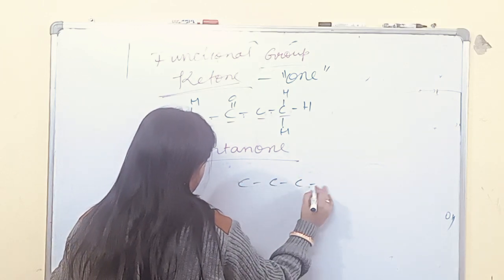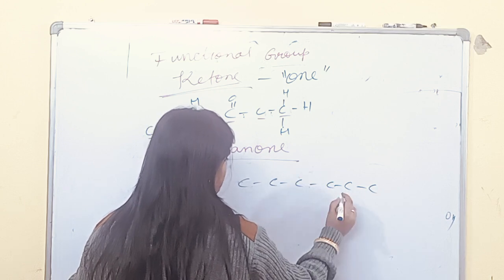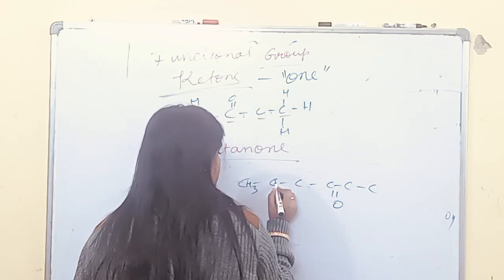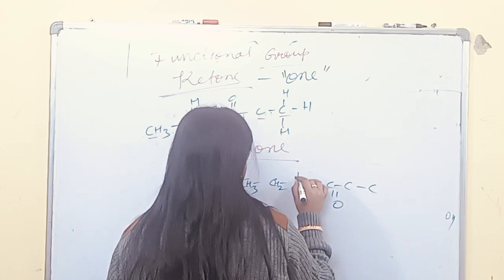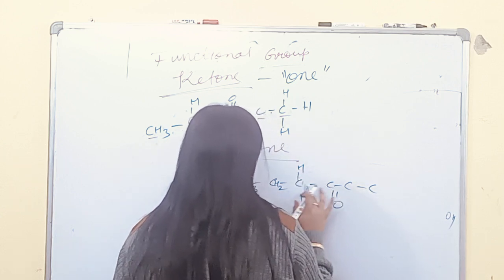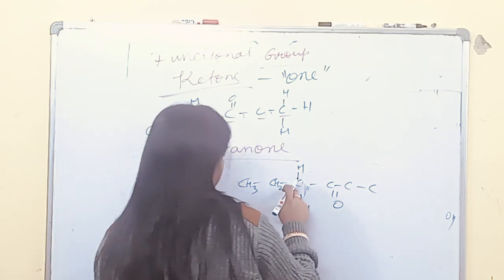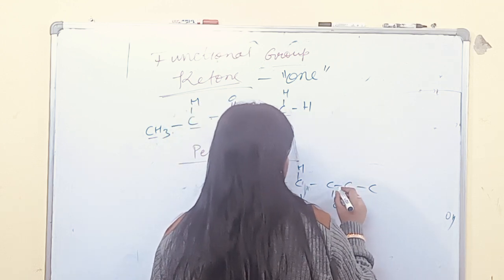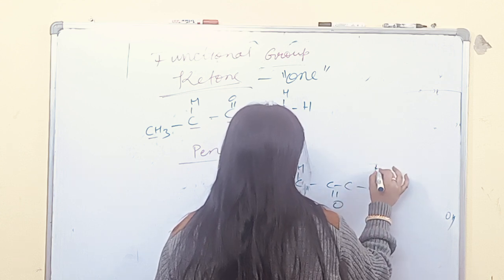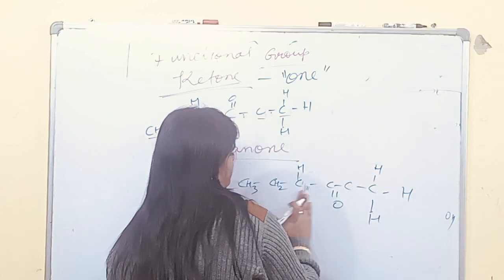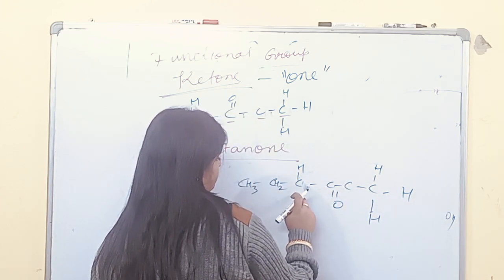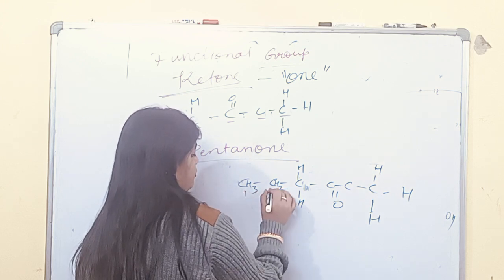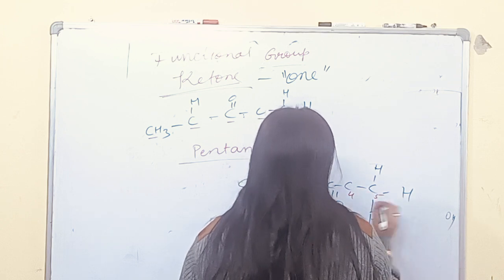One more example. CH3, CH2, CH2. So coming to this name, how many carbons are there? 1 carbon, 2 carbon, 3 carbon, 4 carbon, 5 carbon.